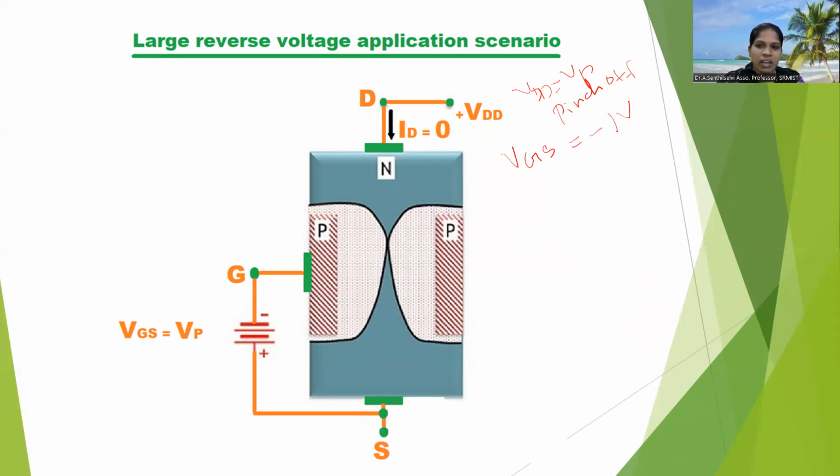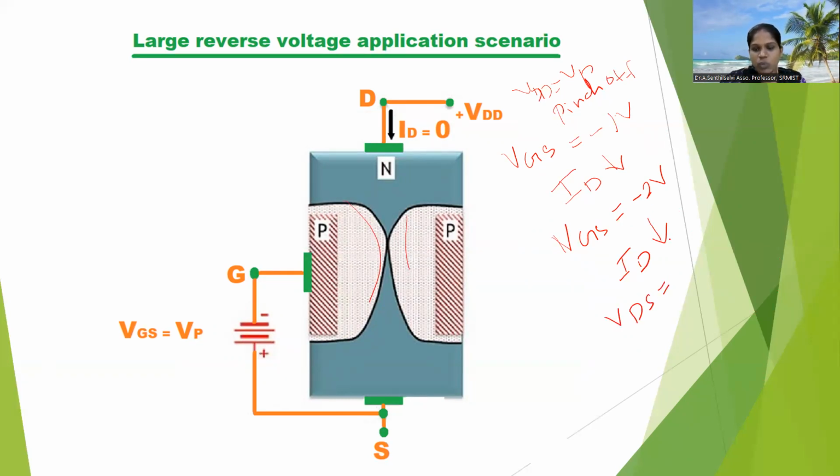If we make VGS 1 volt negative, there is an increase in the depletion layer width. It reduces the ID current flow. Then again we increase the VGS value to 2 volt, and the ID value decreases again. At one particular voltage point, the two depletion regions touch each other, and there is no ID current flow.